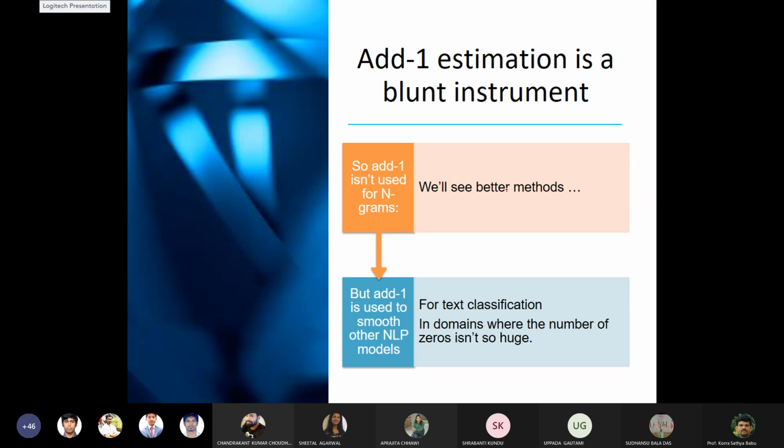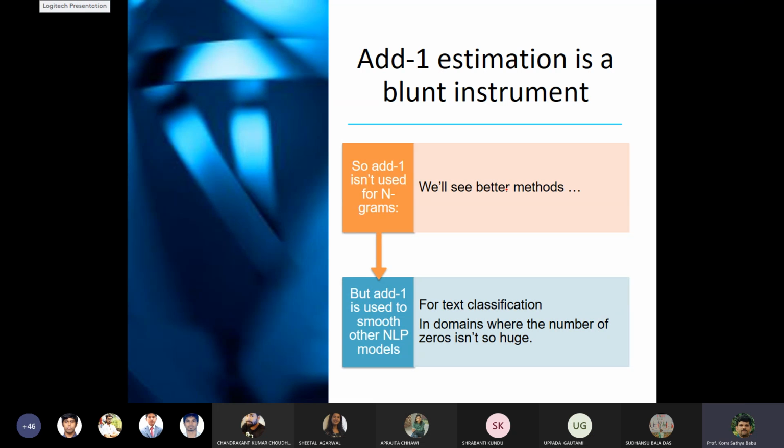The add-one or add-k estimate is very good for text classification, mostly in domains where the number of zeros is not so huge.